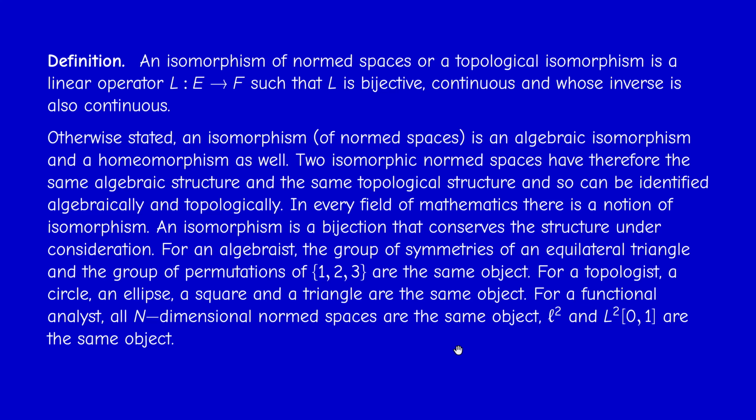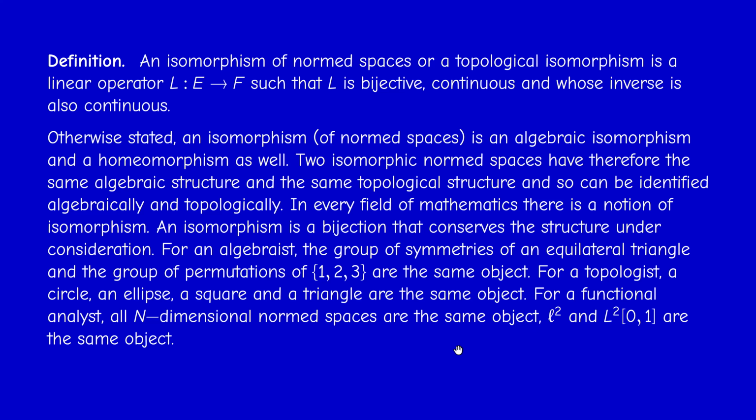And for a functional analyst, all n-dimensional normed spaces are the same object, as you know, because they are isomorphic. And continuity here is straightforward, because when you work in finite dimensional spaces, all linear maps are automatically continuous. But for a functional analyst, all separable Hilbert spaces are the same object.